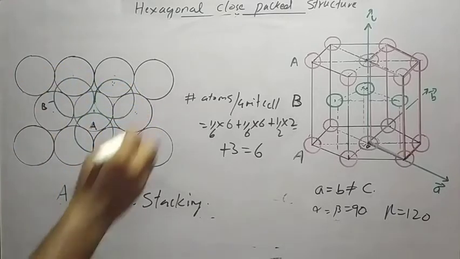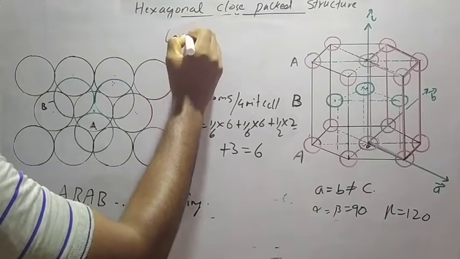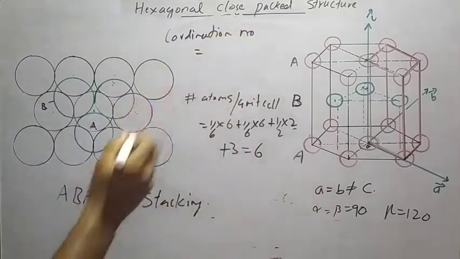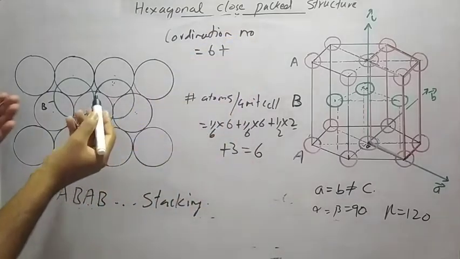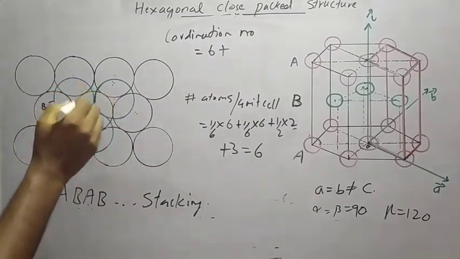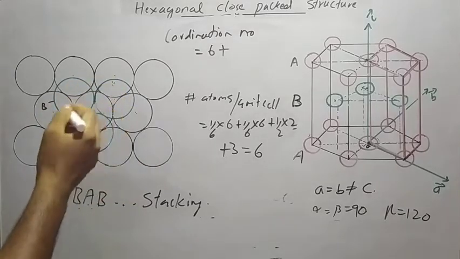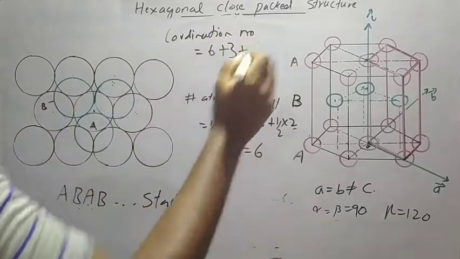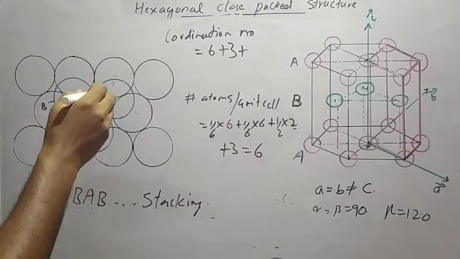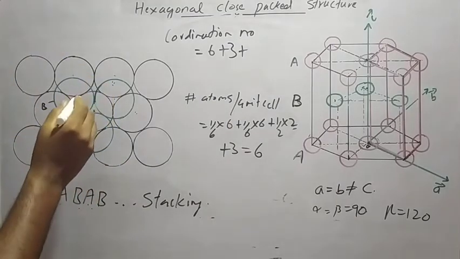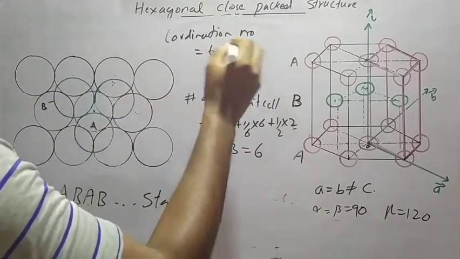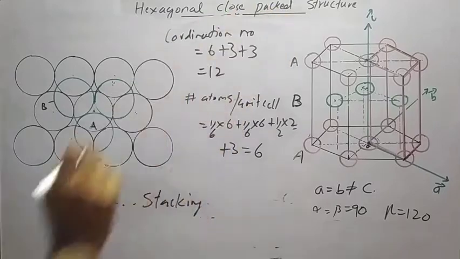So the coordination number is equal to 6 plus the 3 atoms on the layer B. This atom is in contact with these 3 atoms in the layer B. So 6 plus 3, plus on the other side there are also 3 atoms in contact with this reference atom. So that is equal to 12. The coordination number is equal to 12.